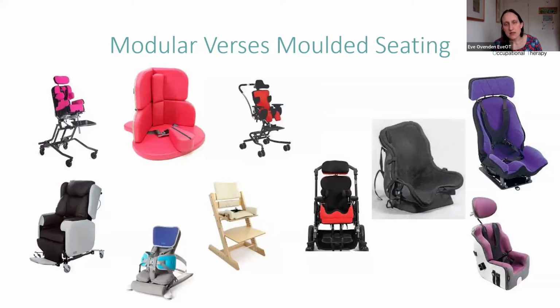These generally have modular aspects to them, like the lateral supports and the foot sandals and headrests, but they do have some moulding to the seat that can be changed with little cushions or wedges to really shape the seat and accommodate any spinal curvatures. So they're kind of an interim one.